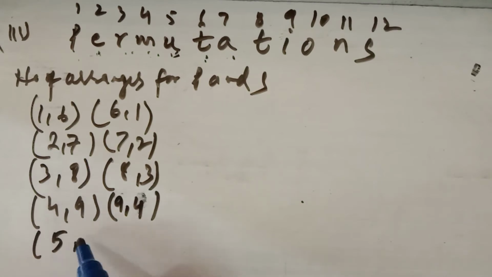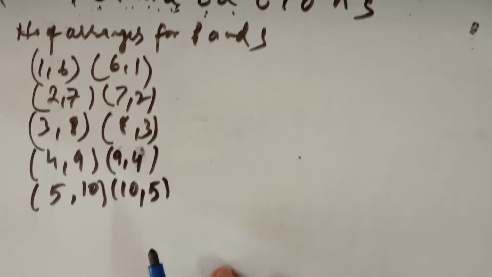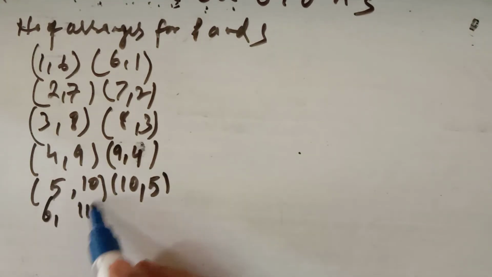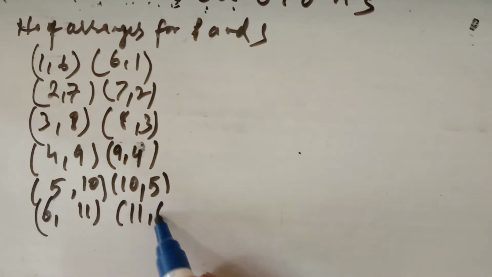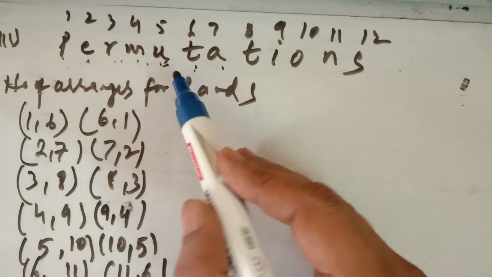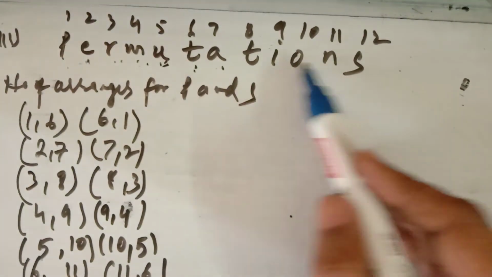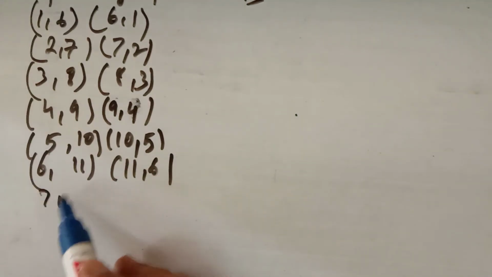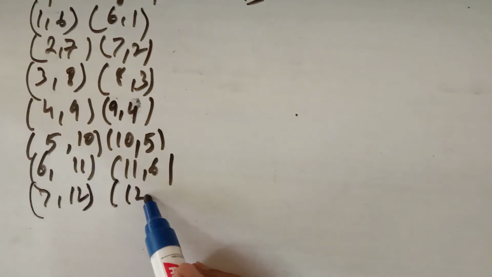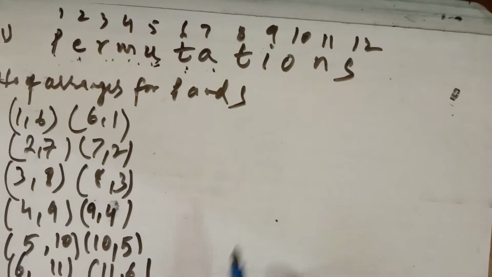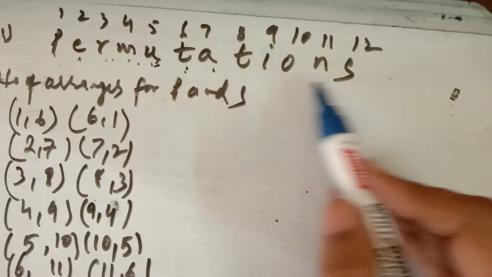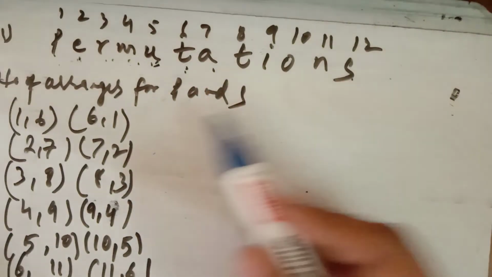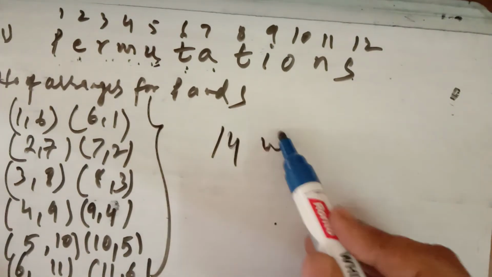Similarly, it can be 5, 10 or 10, 5. 6, 11 or 11, 6. That is, P can be here, S can be here, there will be 4 alphabets between them, or reversal. That 7, 12 or 12, 7. So these are total 14 ways.